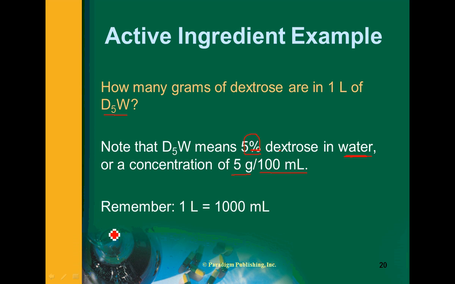You also want to remember, because we're working in milliliters, sometimes the word problem will give it to you in liters. But if we're working with milliliters, we need to convert that 1 liter over to milliliters. So that's what we did. 1 liter is going to be equal to 1,000 milliliters.